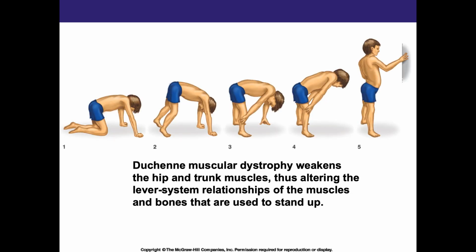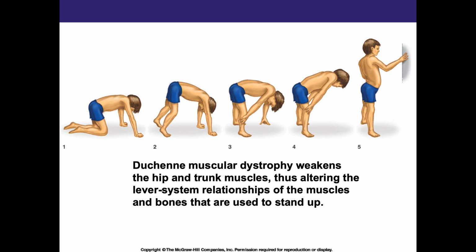All right, so Duchenne's muscular dystrophy actually weakens these lever system relationships used to help bone stand up. Basically, when you're talking about Duchenne's muscular dystrophy, you're talking about a protein that doesn't get to the membrane. It's called dystrophin.